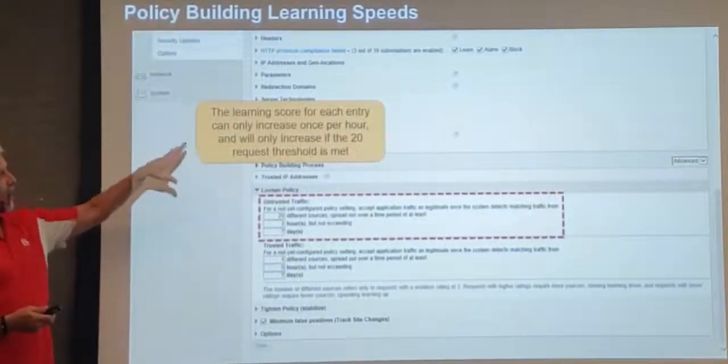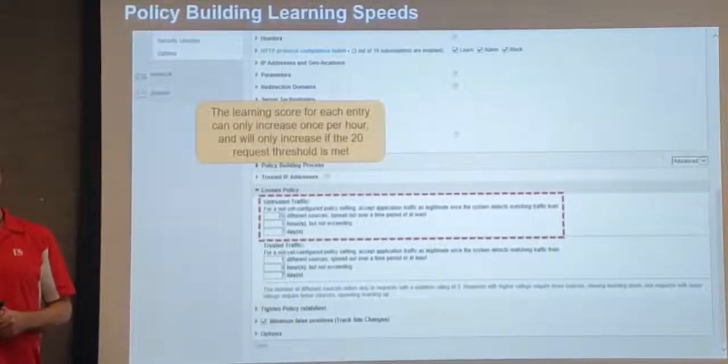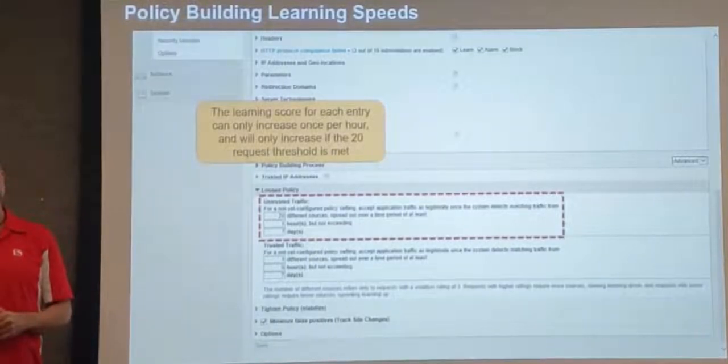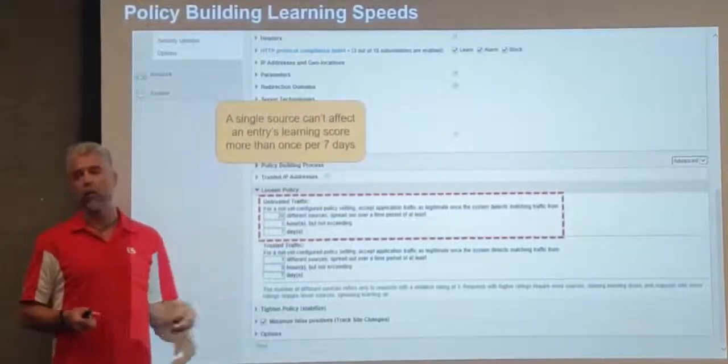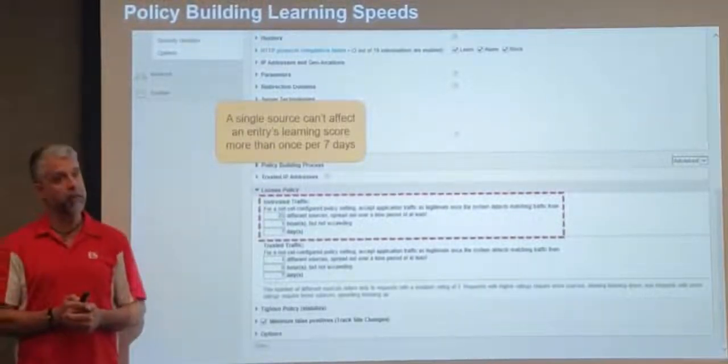Now, again, the learning score is only going to go up if we get 20 more unique requests within that 1 hour threshold. And one entry, one host, cannot affect the learning score for that entry, PHP, but once every 7 days. That's what those three values mean.